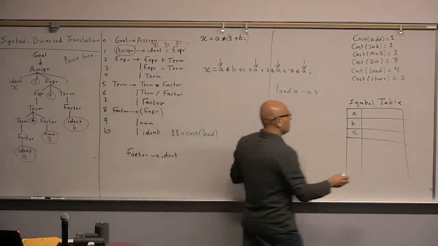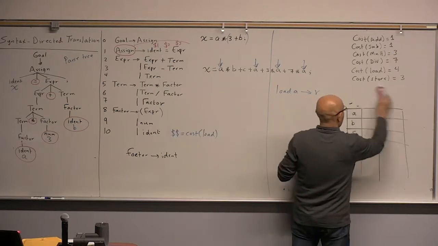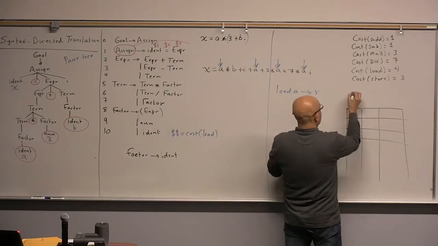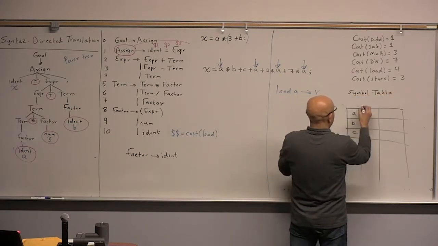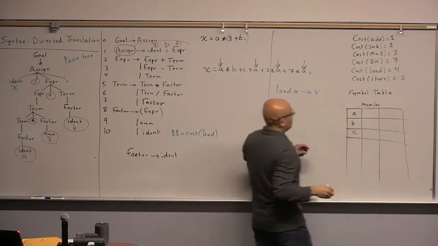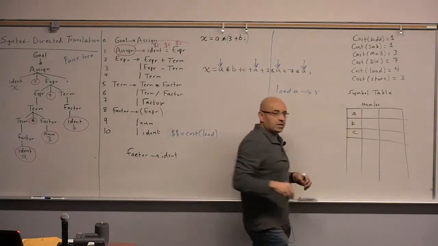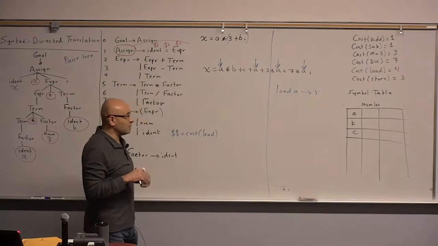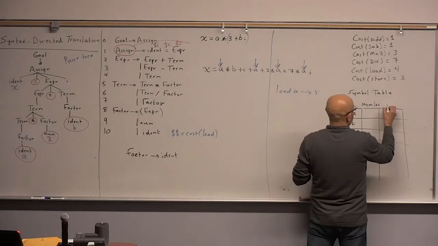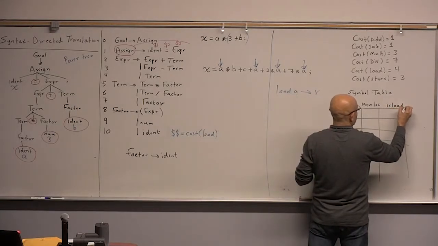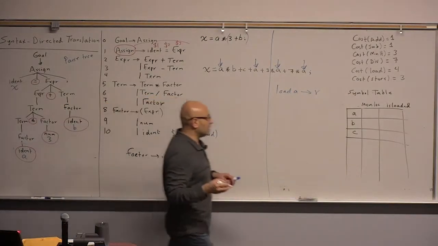One of the pieces of information is the memory location, the location of this variable in memory, which is what we care about. And in this you can add a flag, is loaded, indicating if this variable has been loaded or not, or is loaded at least in the current block.